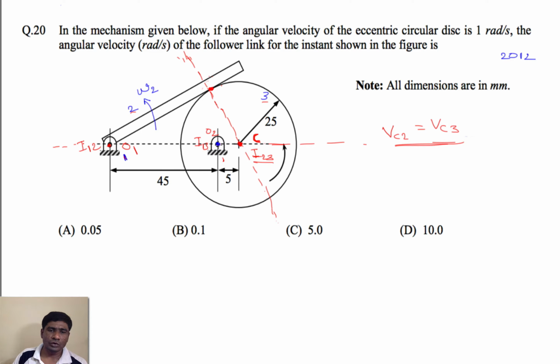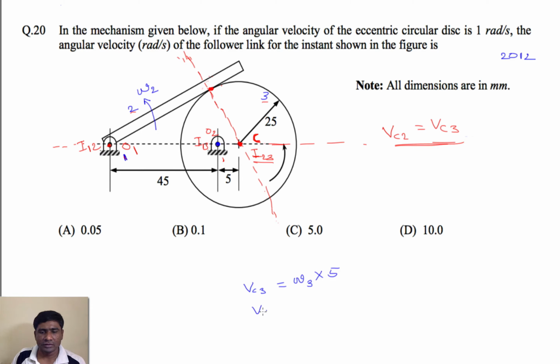We know the velocity of C if you consider the point on link 3. That is VC3 equals omega 3 into the distance between O2 and C, that is 5. And what is the velocity of the instantaneous center C if I consider a point on link 2? I extended this link in such a way that it has the point C also.